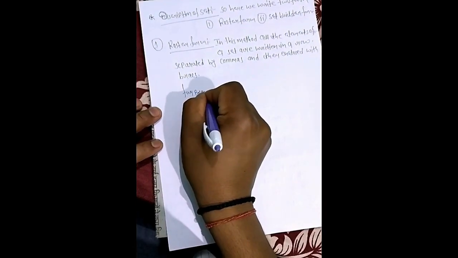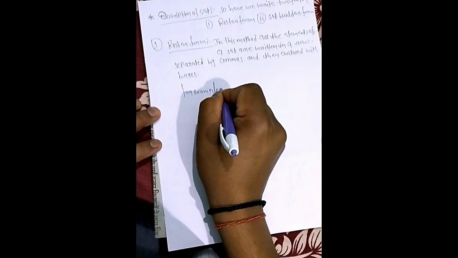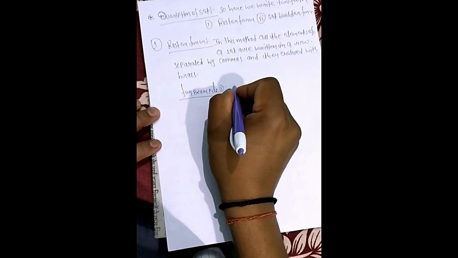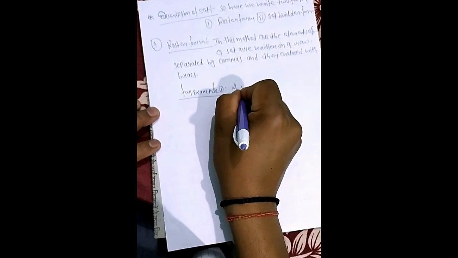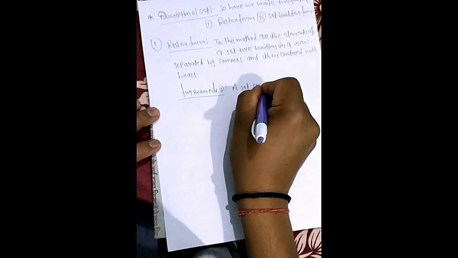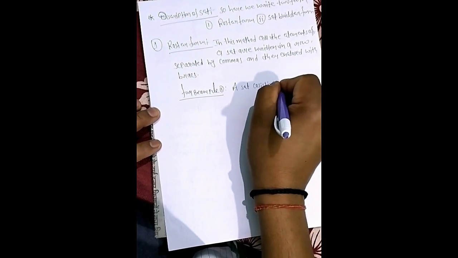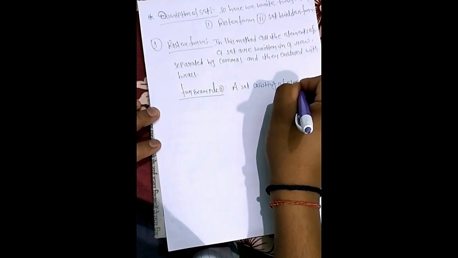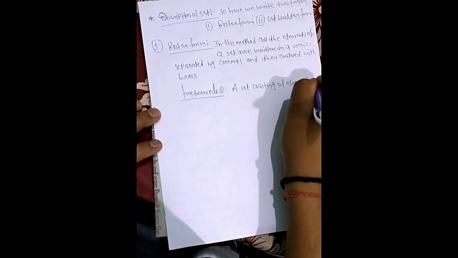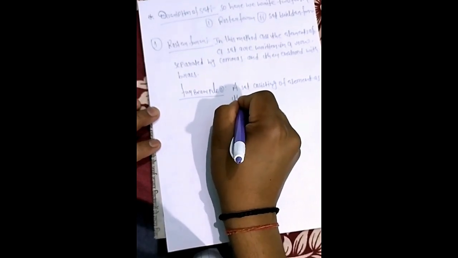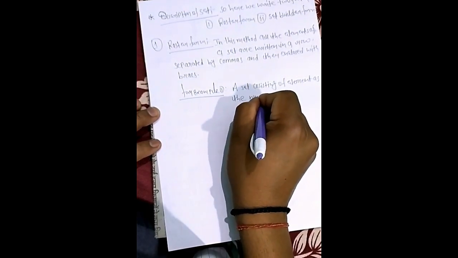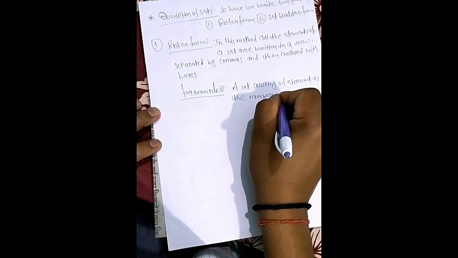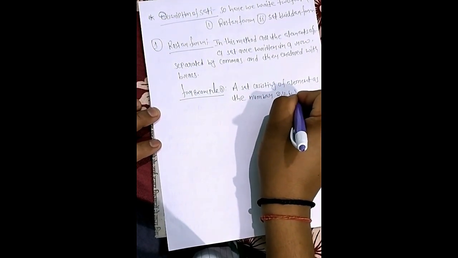For example, a set consisting of the elements 2, 4, 6, 8.